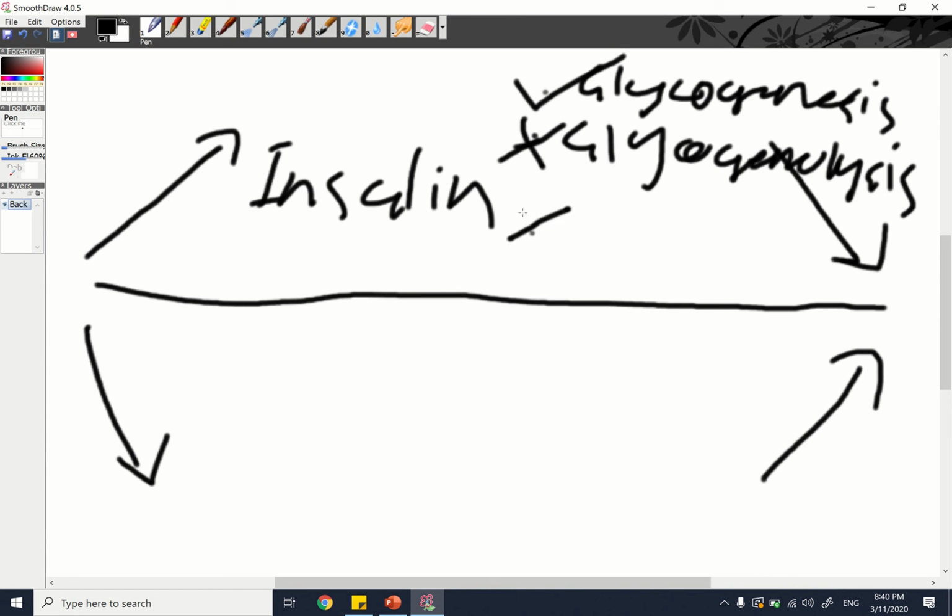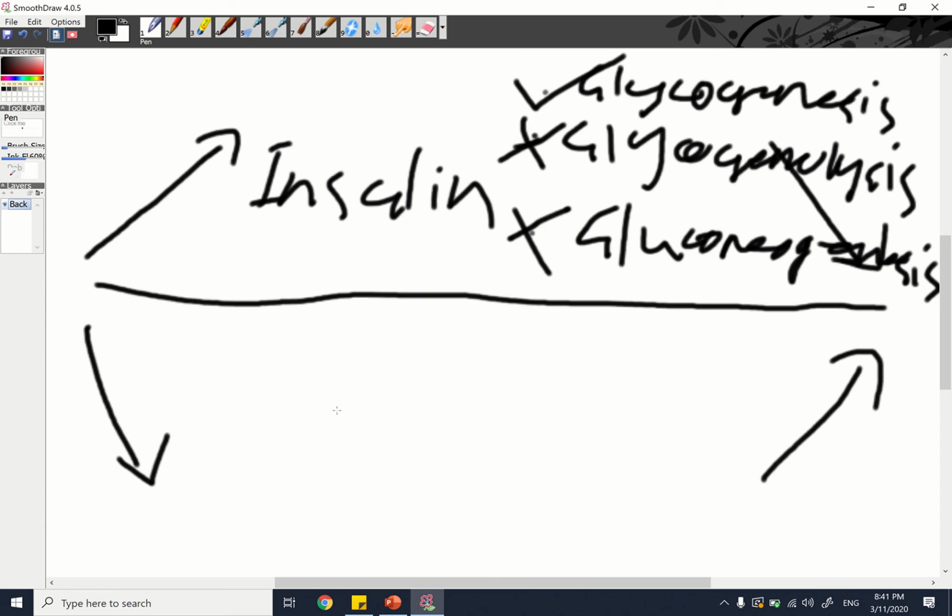This one is called gluconeogenesis. So this is the process of converting proteins and fats into glucose. Again, you don't want more glucose in your blood if you already have too much glucose.